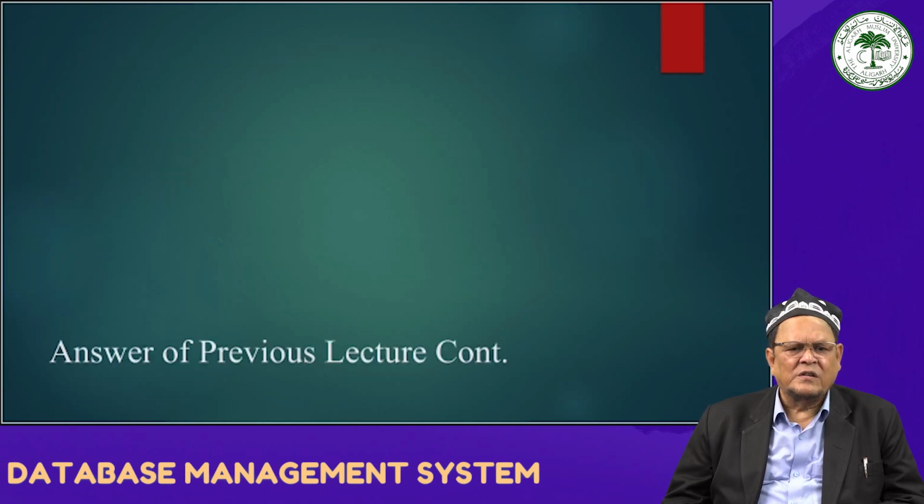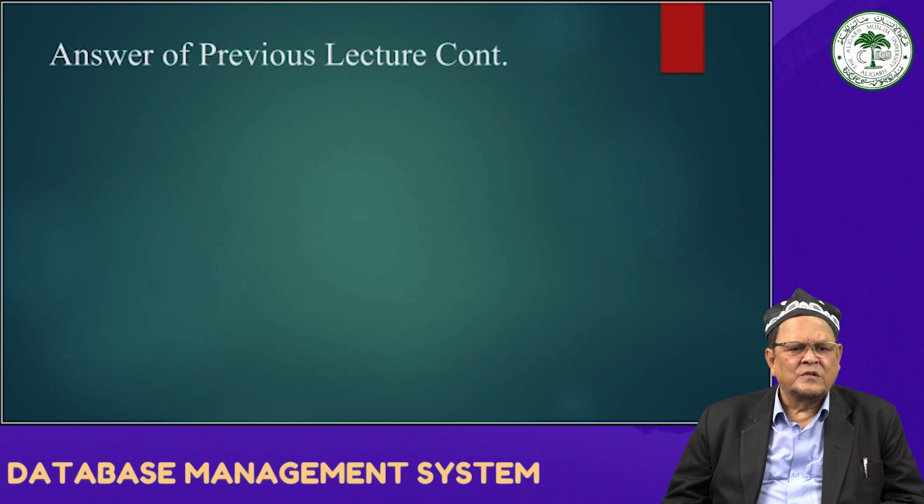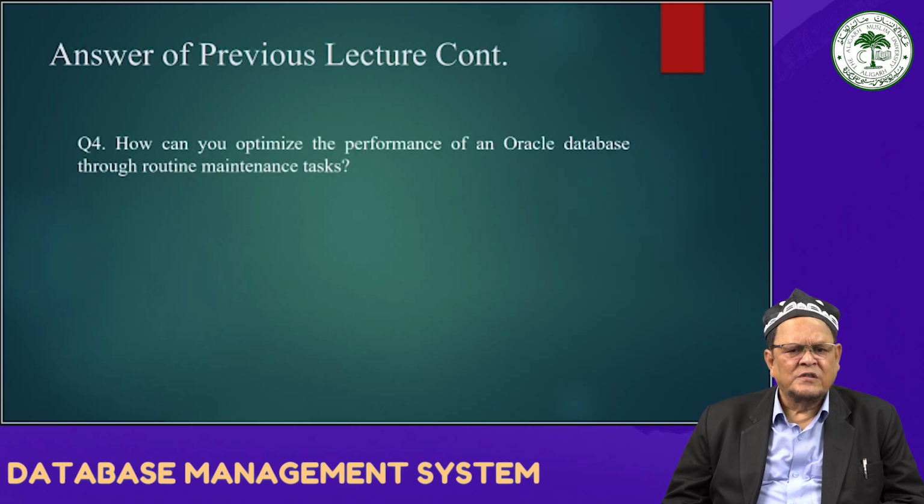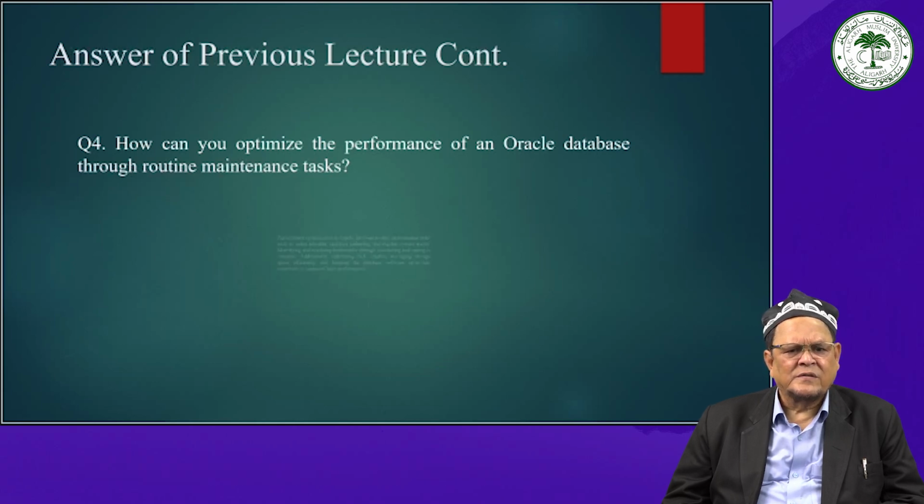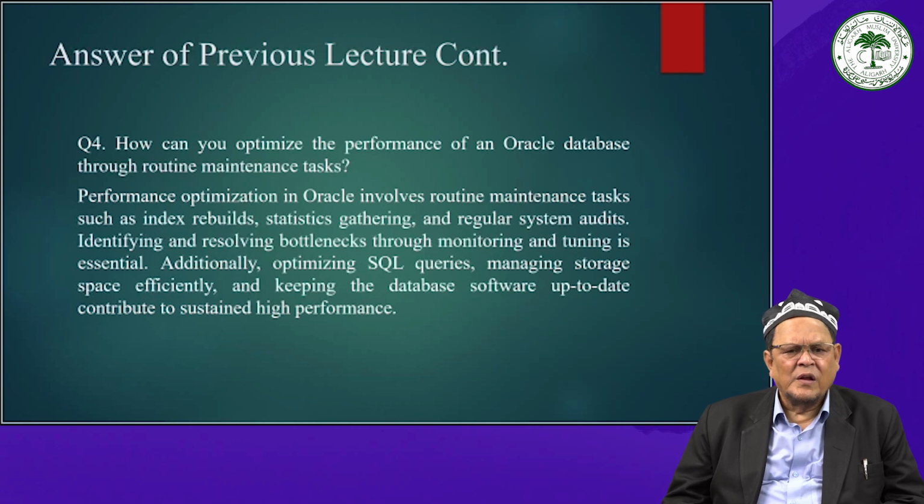The next question is, how can you optimize the performance of an Oracle database through routine maintenance tasks? The answer is, performance optimization in Oracle involves routine maintenance tasks such as index rebuild, statistics gathering, and regular system audits.